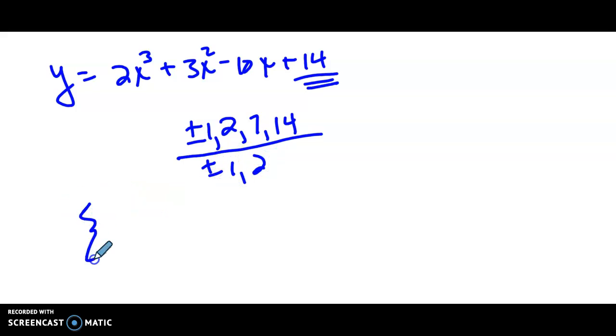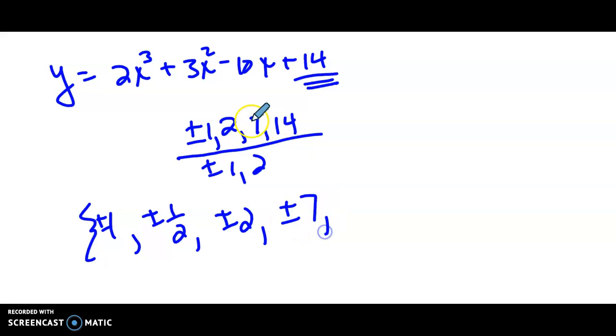When I make my possibilities, I take 1 over 1. Then I take 1 over 2. 2 over 1. 2 over 2, well, 2 over 2 is just 1. I already wrote that. Sorry. 7 over 1. 7 over 2. 14 over 1.